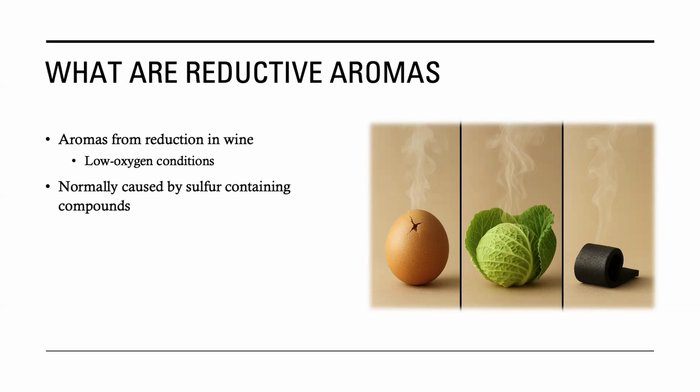Some of you might think, well, garlic and onion don't smell that bad. Trust me, in wine, you do not want a garlic and onion smell. It's not pleasant. So we want to prevent these things as much as possible. There's a couple of intervention methods that we can use if we start smelling these things. But prevention, and I've said this on other lunch and learns, prevention is key.